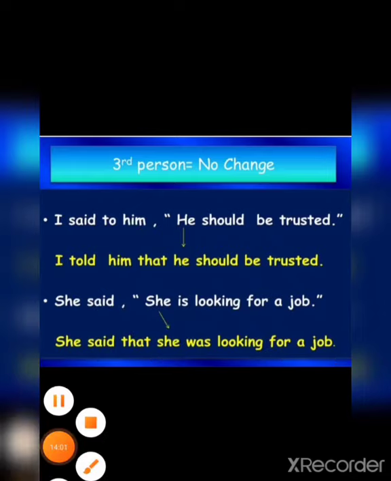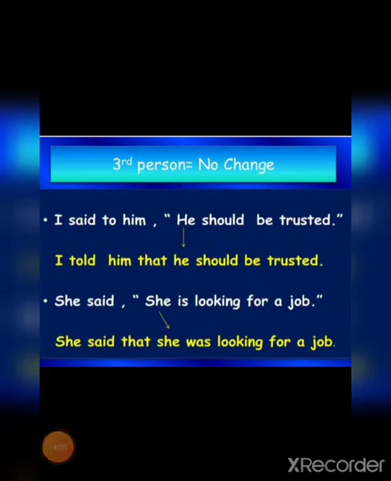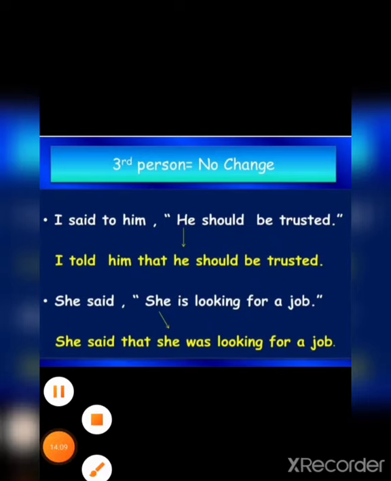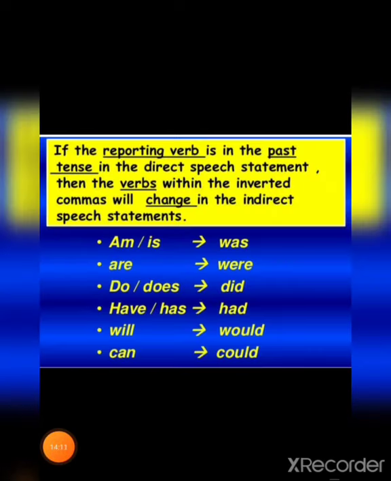As it is written in third person, no pronoun is changed over here in the sentences. I have already told you, if the reporting verb is in past tense, then the verb inside the inverted commas will also be changed according to the verb. So here "am" will become "was". I have already told you.